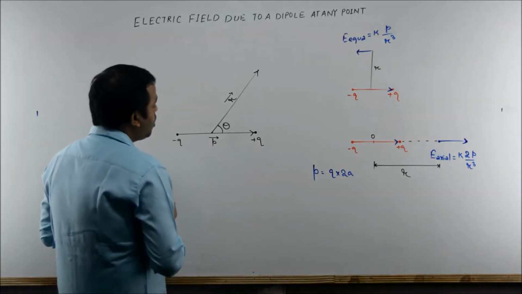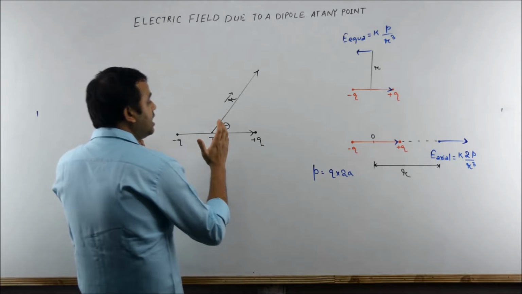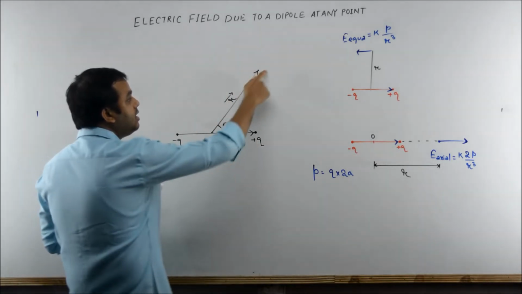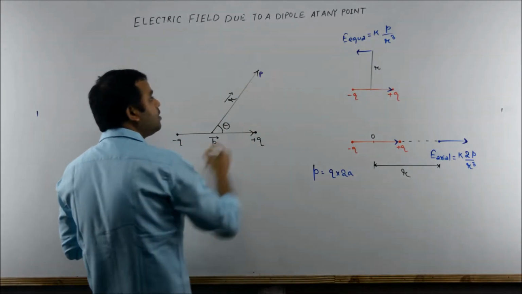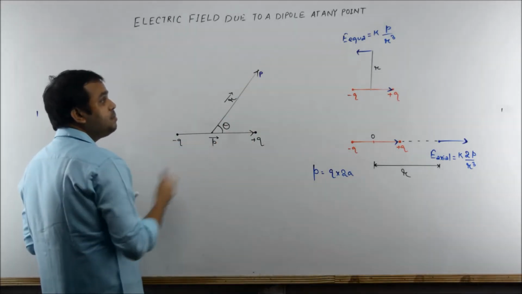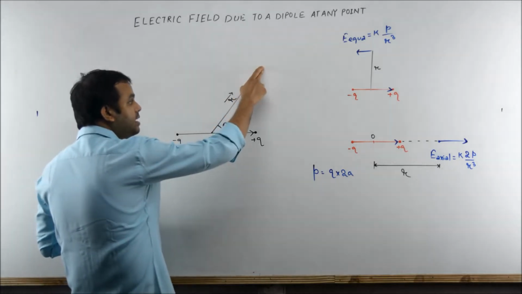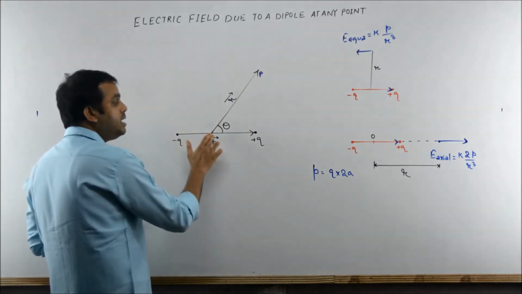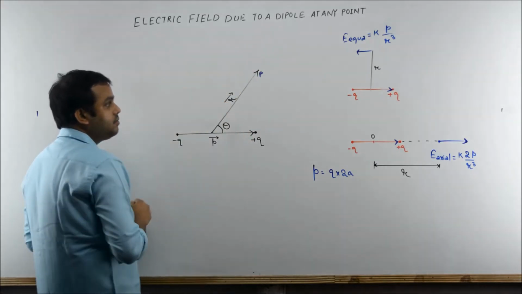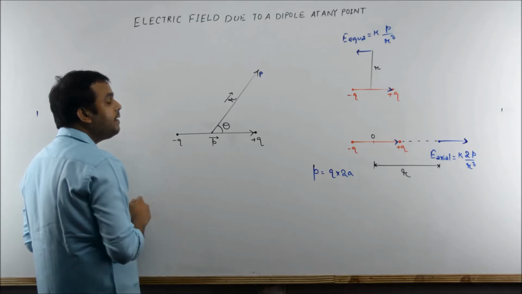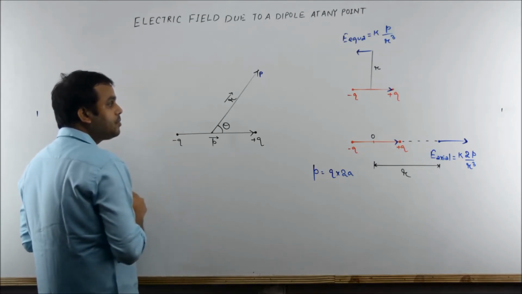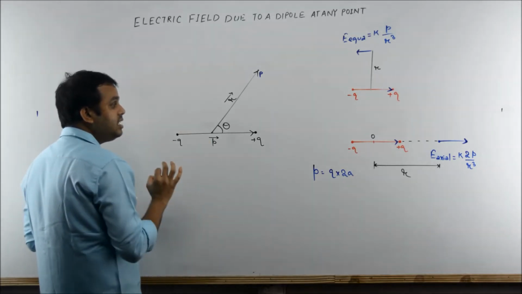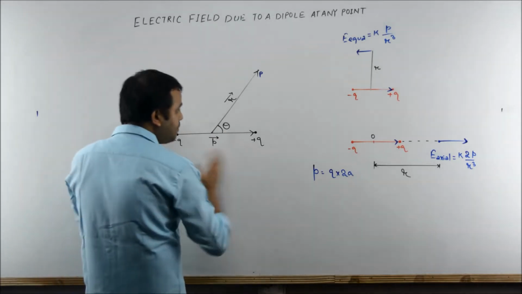Now, we wish to calculate electric field due to this dipole at any point. Let this point be P. Where is that point P? Point P is the point where we will calculate the net electric field due to this dipole.